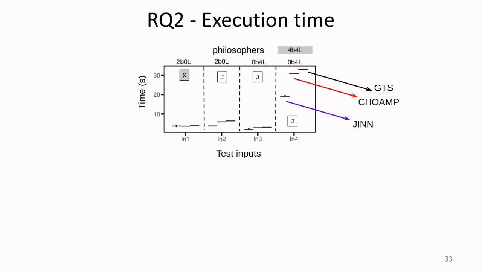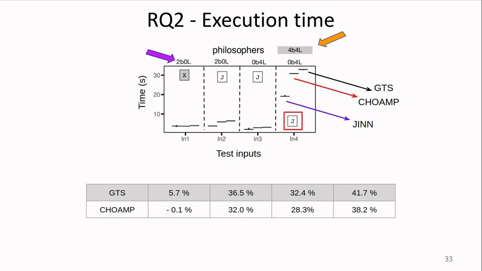On the top of each input, we have the configuration that was chosen by the GCC compiler, and on the top right, we have the configuration that was chosen for all inputs by Chomp. And what you see here is that these small boxes show which tool led to the best execution time. And we see here that the GCC compiler consistently led to the best execution time.